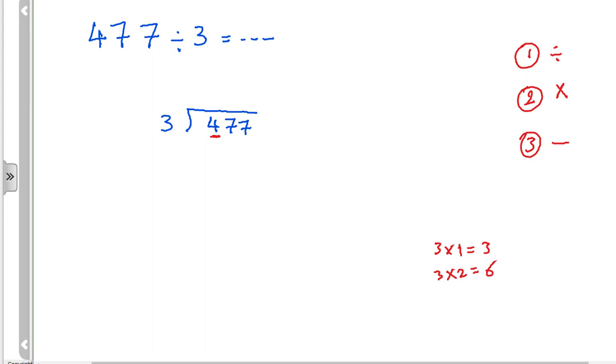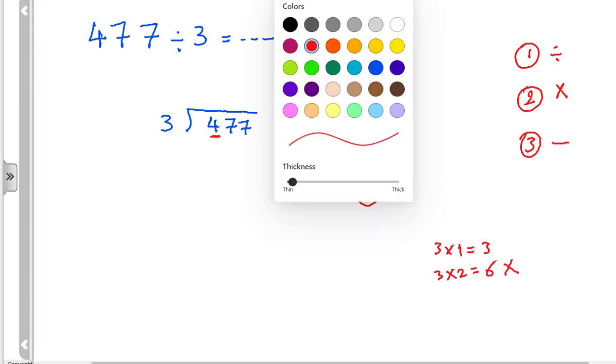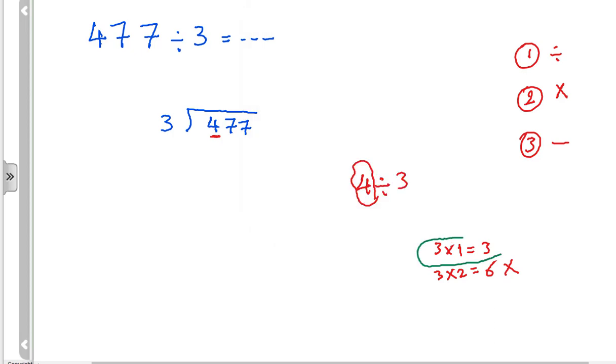And I'm dividing 4 by 3. So I cannot use 6. So we will use the 1. 3 times 1 equals 3. We will use this one. Okay. So the quotient is 1.